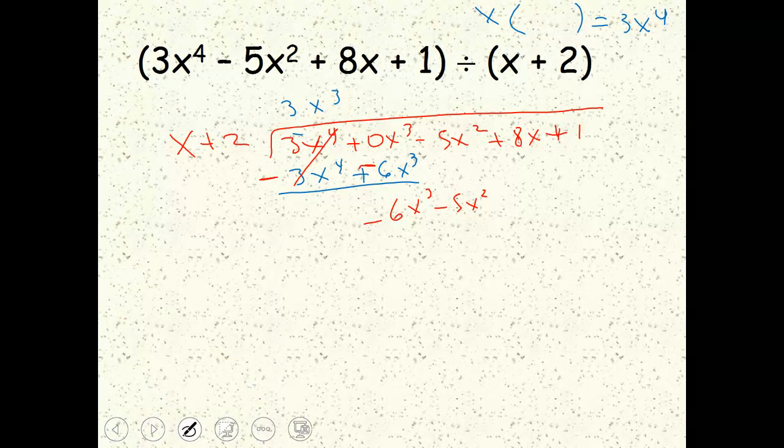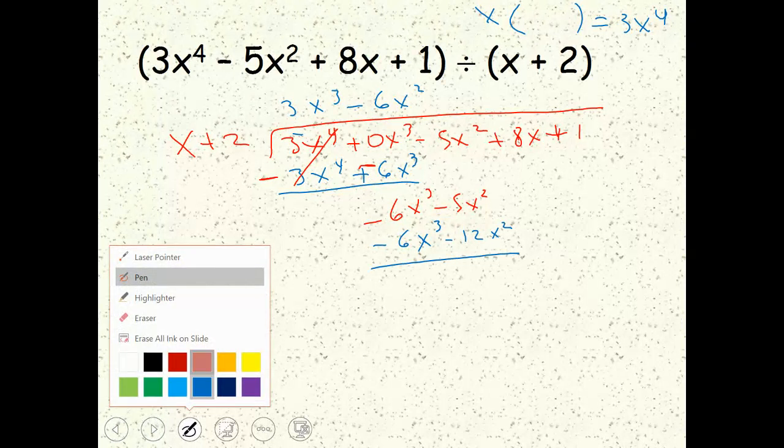So x goes into negative 6x to the third how many times? In other words, x times what makes 6x to the third? And the answer is minus 6x to the second. So negative 6x to the second times x is negative 6x to the third. Negative 6x to the second times 2 makes minus 12x squared.